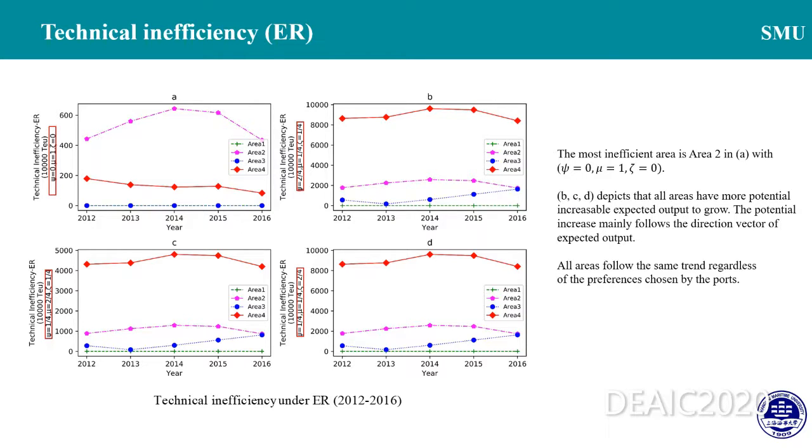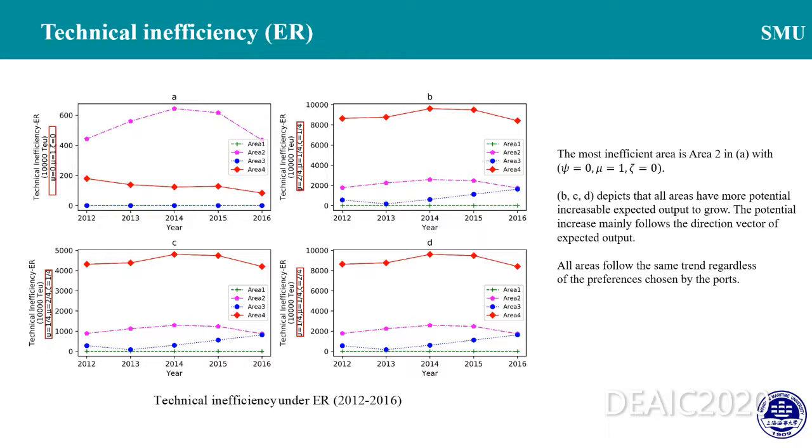So you can refer to our paper for more details on this setting. Firstly, we measured these 4 areas for their technical inefficiency and environmental regulation. This picture shows the maximum potential increasable standard container throughput for the 4 areas from 2012 to 2016.